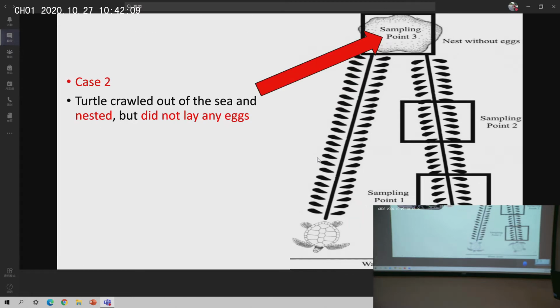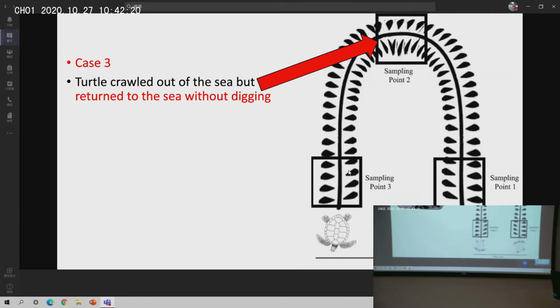In case 2, you can see that the turtle crawled out of the sea and nested but did not lay any eggs. The difference is here, a nest without eggs. Case 3, the turtle crawled out of the sea but returned to the sea without digging.